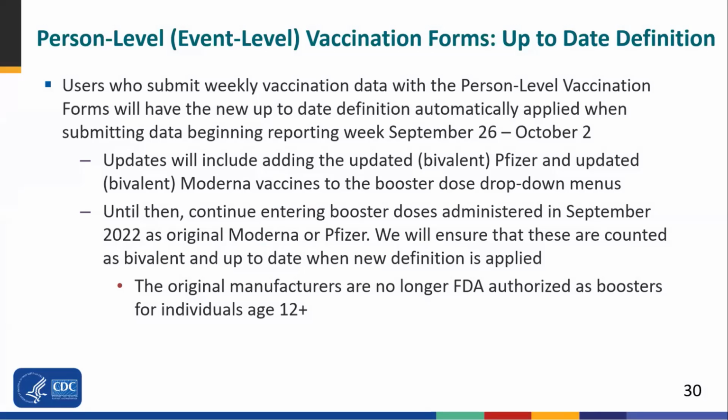These updates will include adding the updated bivalent Pfizer and updated bivalent Moderna vaccines to the booster dose drop-down menus. But for now, please continue entering booster doses administered in September 2022 as original Moderna or Pfizer. Please note that the original manufacturers are no longer FDA authorized as boosters for individuals age 12 and older.